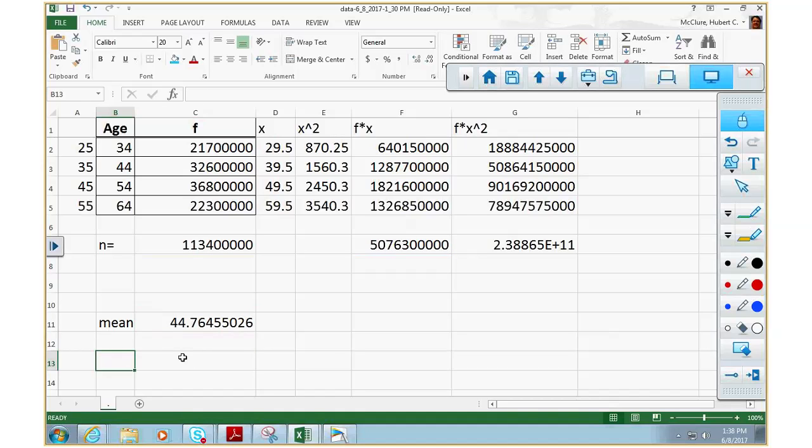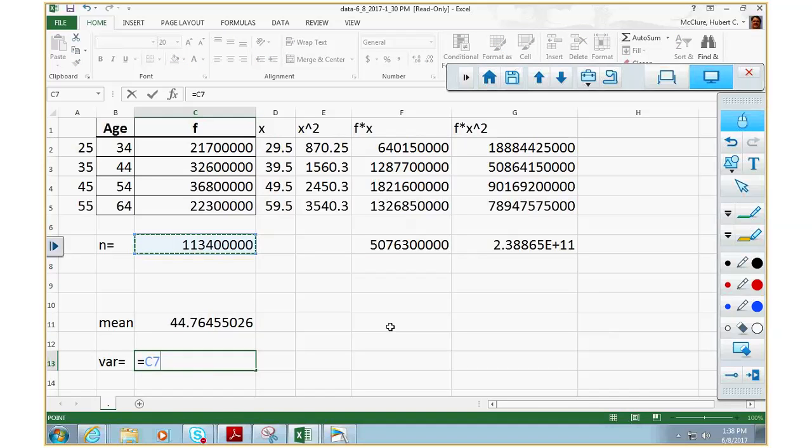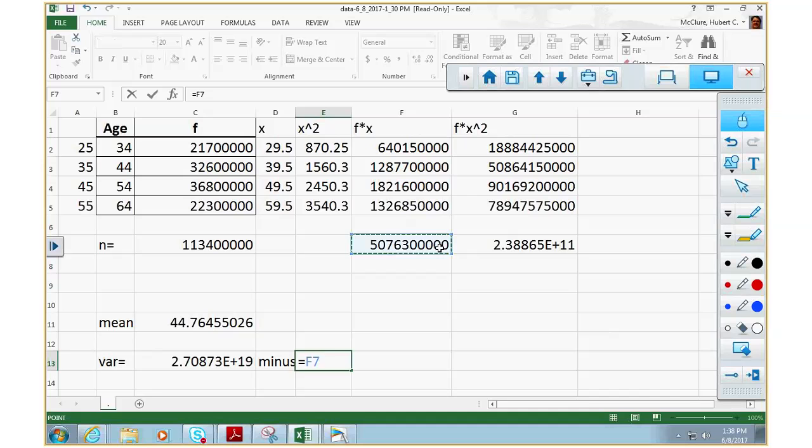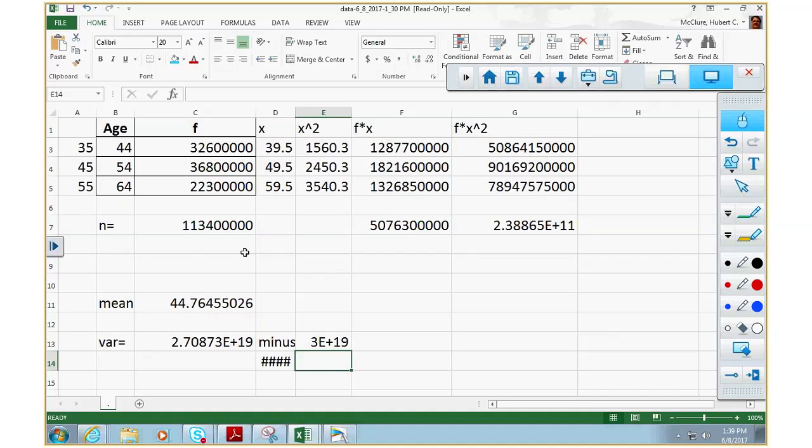And then the variance is equal to N times the summation of F times X squared, minus, I'm skipping some steps, this quantity squared, over N times N minus 1. N is this, and N minus 1 is this minus 1.